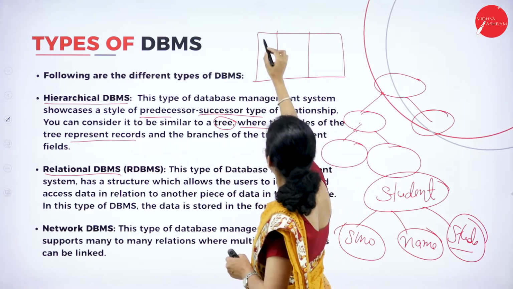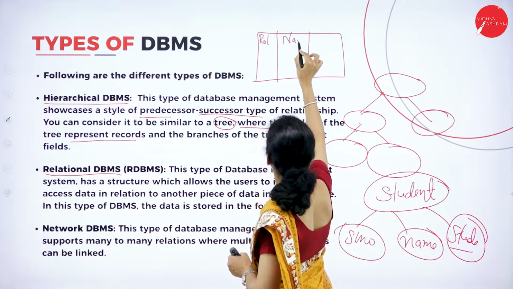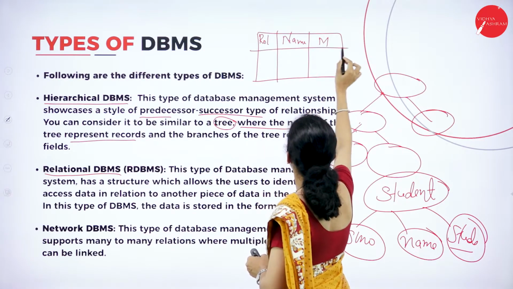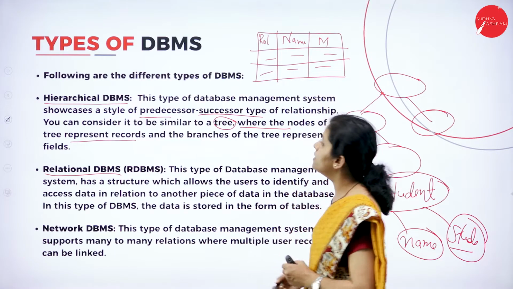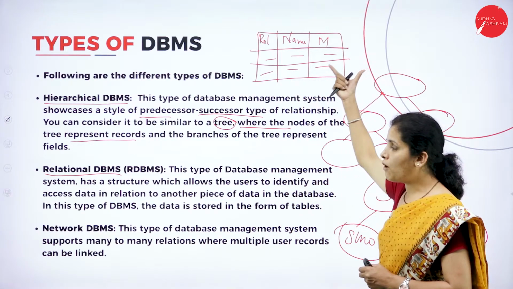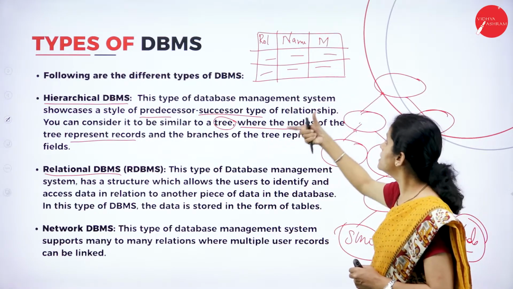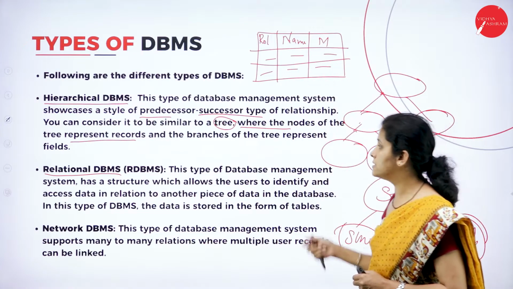At the beginning, I'm going to have roll number, name and mark. Now, if I have the records, then this is the example for a relational database. That means the databases are represented in the form of tables.